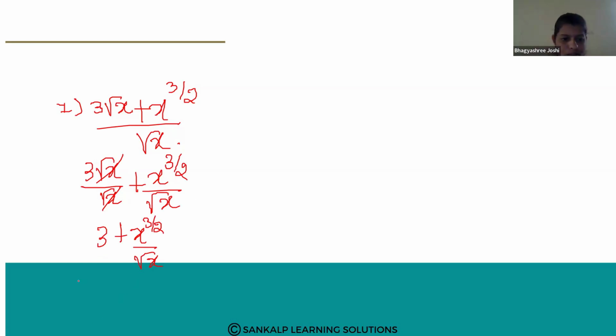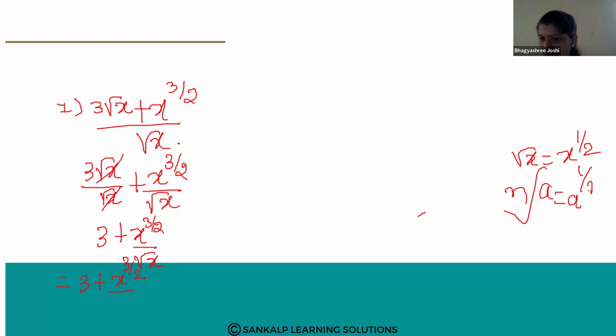Now, 3 plus x raised to 3 by 2, root x can be written as, just now only I told, root x can be written as x raised to 1 by 2. That is, nth root of a is equal to a raised to 1 by n. Right? Here n is 2, so x raised to 1 by 2. Therefore, I can write root x as x raised to 1 by 2. Now observe carefully. 3 plus x raised to 3 by 2 divided by x raised to 1 by 2.